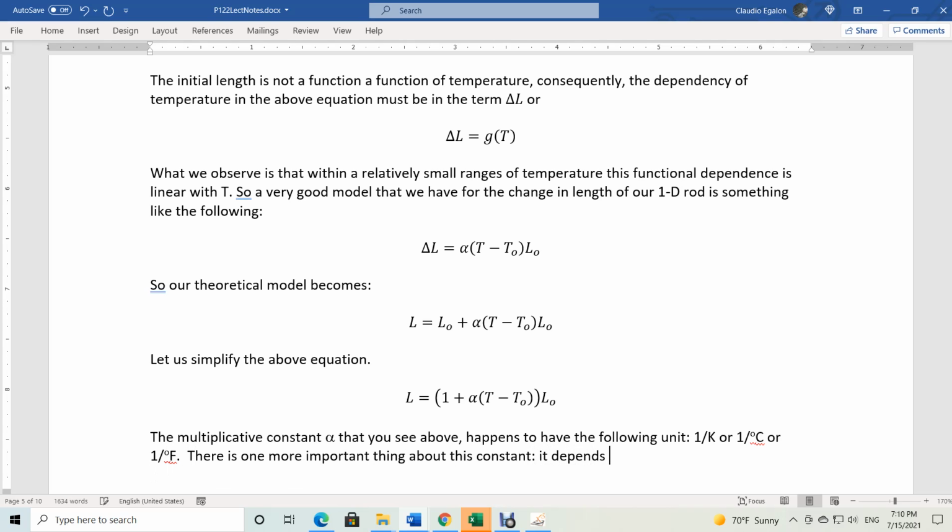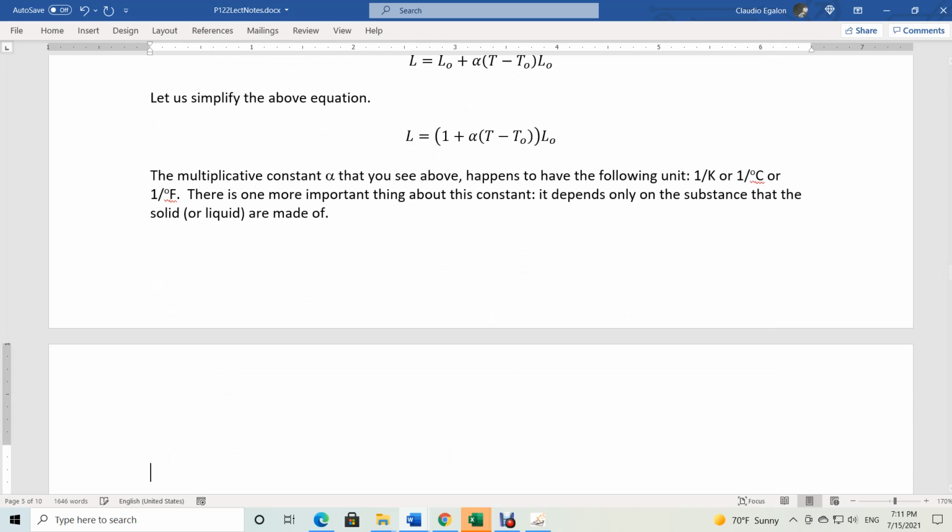It depends only on the substance that the solid is made of, solid or liquid too, by the way. Because of that, we do have tables for the values of alpha for different substances.